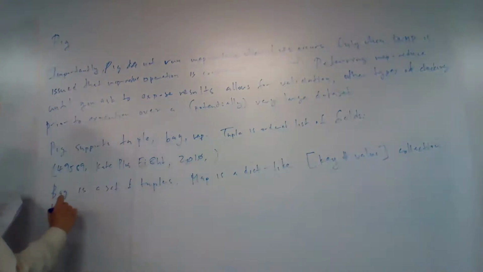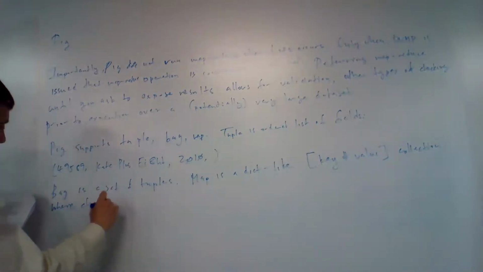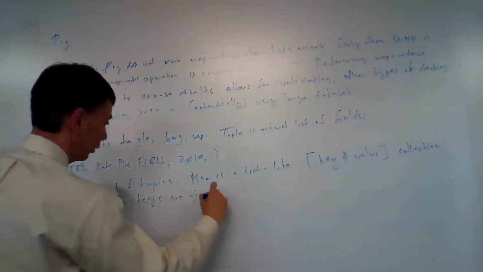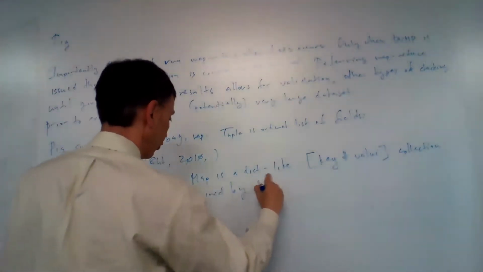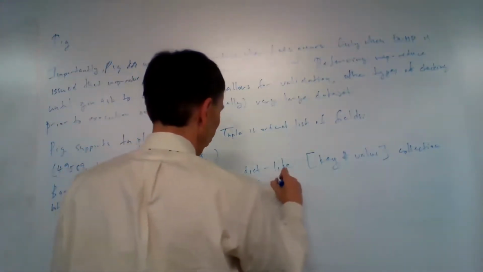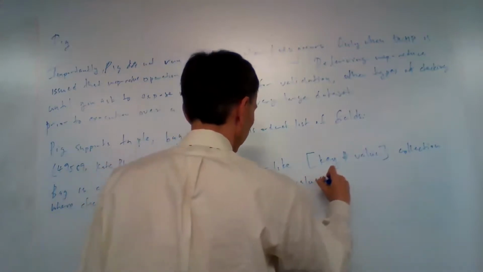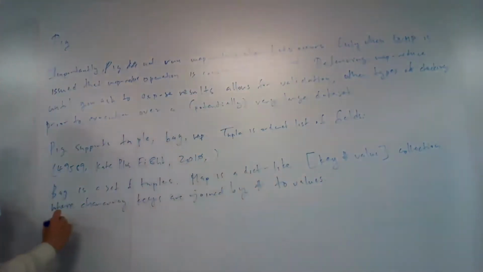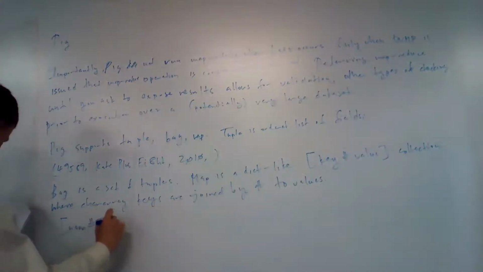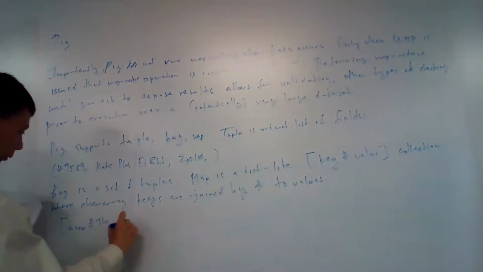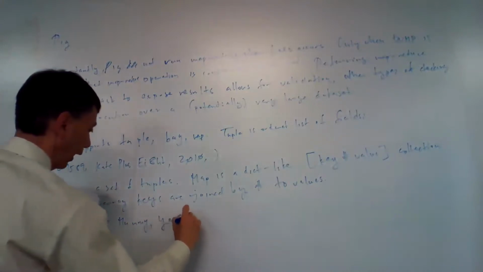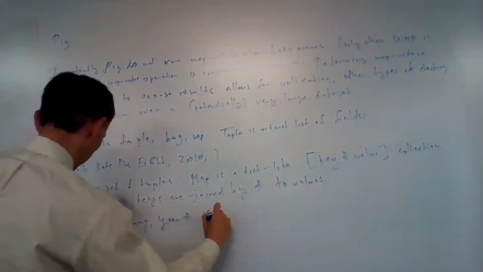Where char array keys are joined by this hash to values. So you can have something like this: name, hash, the mummy. Year, hash, 1935.